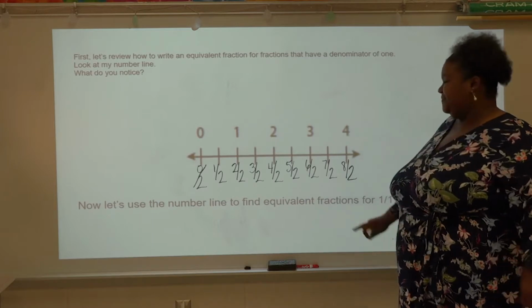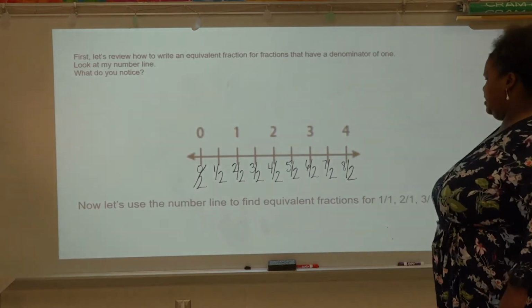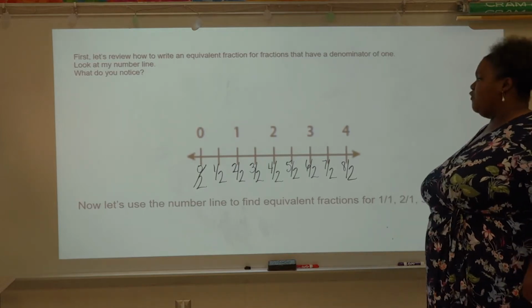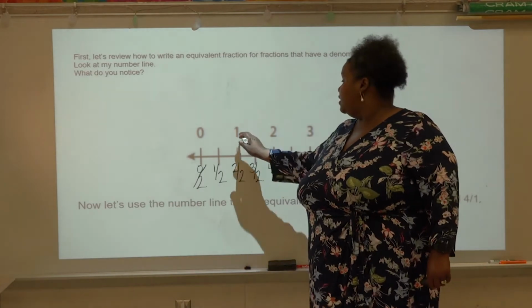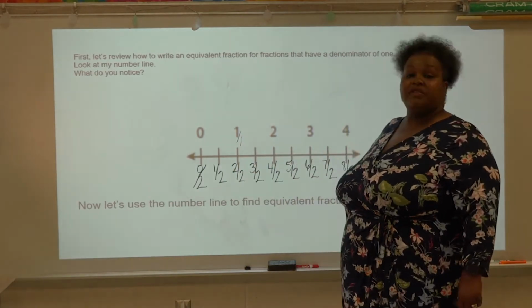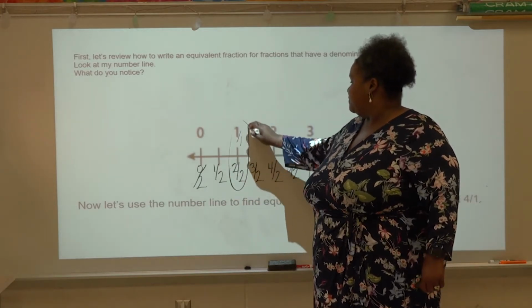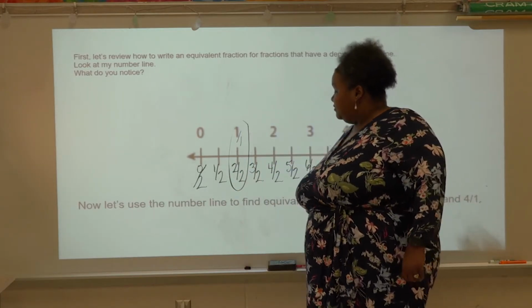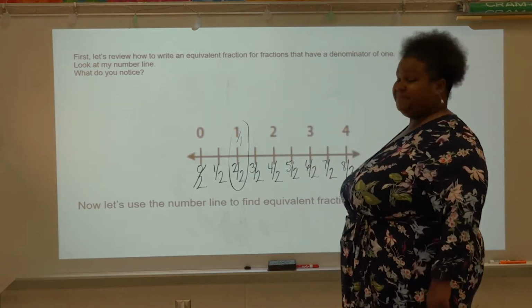All right, good. Now, let's see if we can find some equivalent fractions. So 1 over 1. What's my equivalent fraction for 1 over 1? 2 over 2. 2 halves.